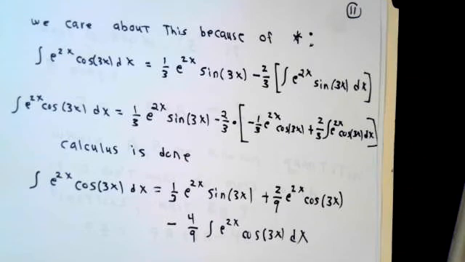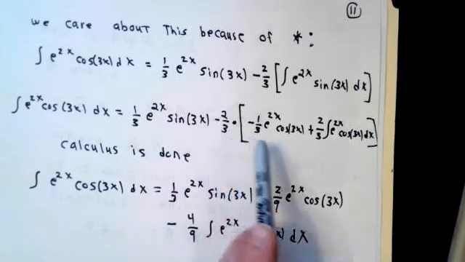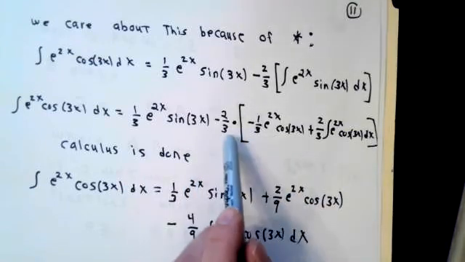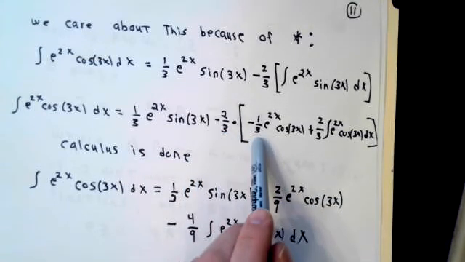We should think of this as an algebra formula now. All the calculus is done. All that's left to do is to clean the thing up and get a formula for the integral of e to the 2x cosine 3x. I'm going to multiply through here. 2/3 times negative 1/3 is 2/9.